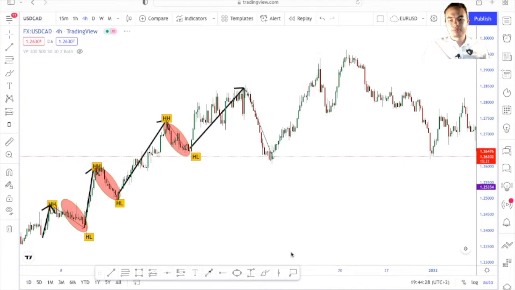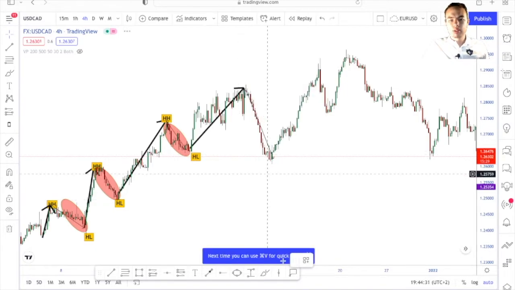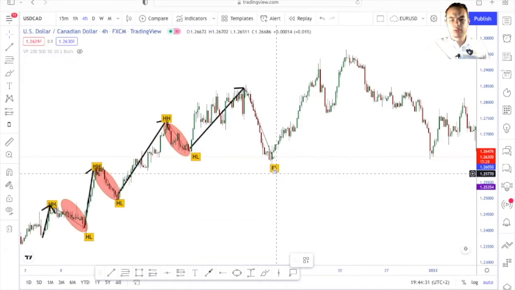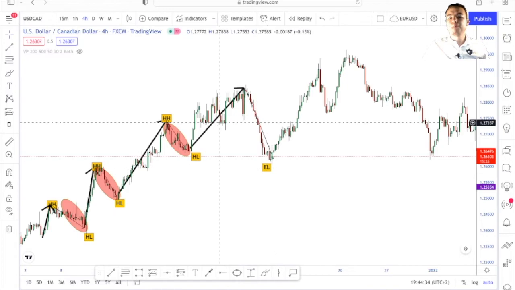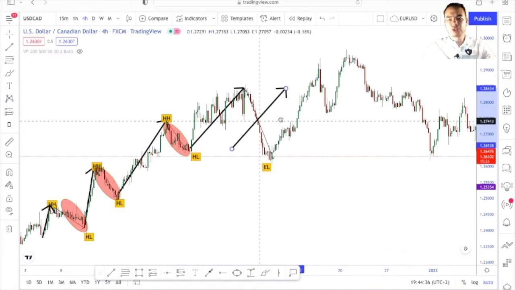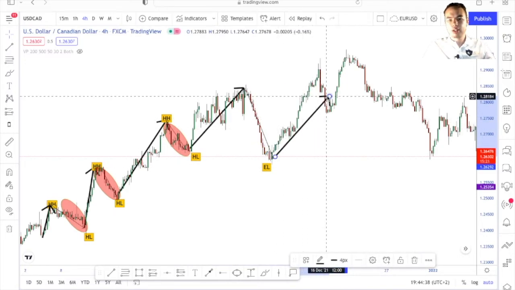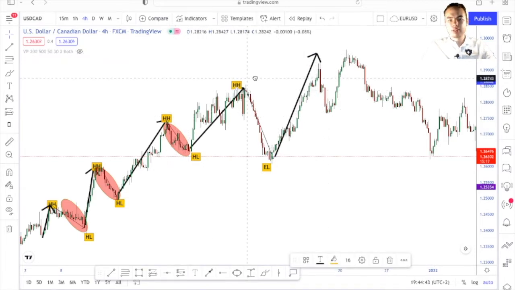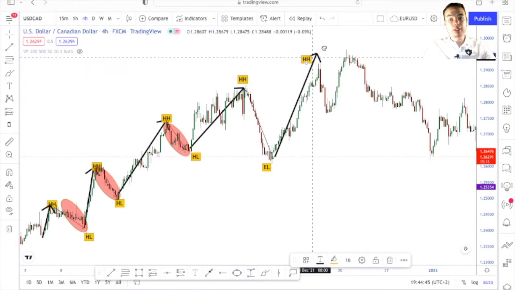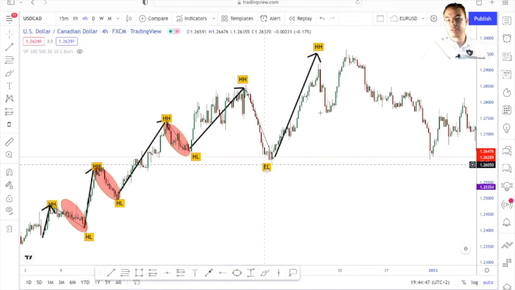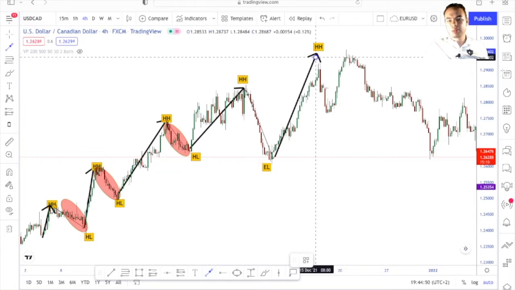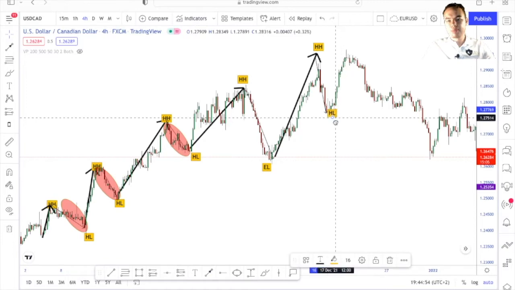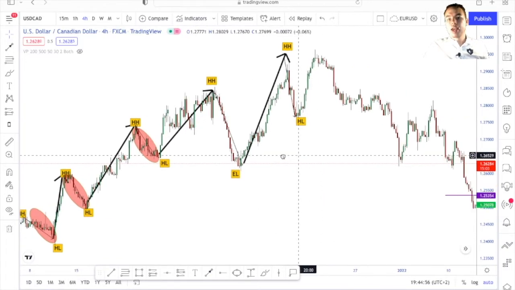Then price pushed up further, making another higher high. So we're still in an uptrend, it's just giving retracements. Price came down to retrace and formed a higher low because it's higher than the previous low. And then this happened.